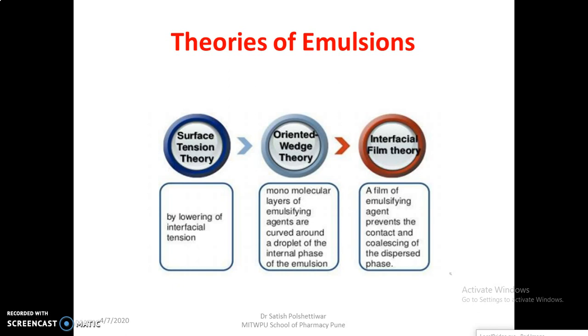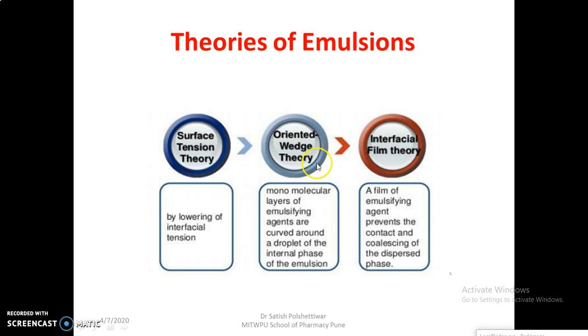Then you have to select emulsifying agents with the proper HLB value, as per the HLB scale we select 8 to 16. We have discussed the HLB scale. 8 to 16 is used as the emulsifying agent for making the OW type of emulsion. Mostly Tweens are used, nothing but polysorbates. We use Tween 20, Tween 40, 60, Tween 80, depending on your stability or your optimization process. So you always have to lower the surface tension to make a stable emulsion.